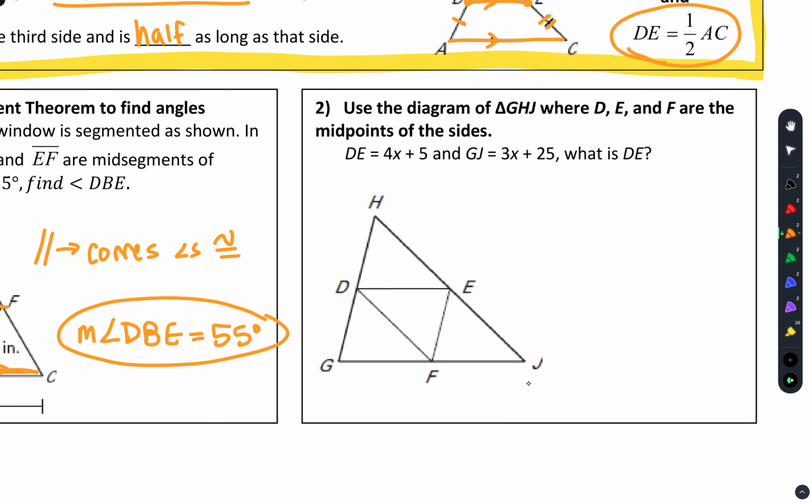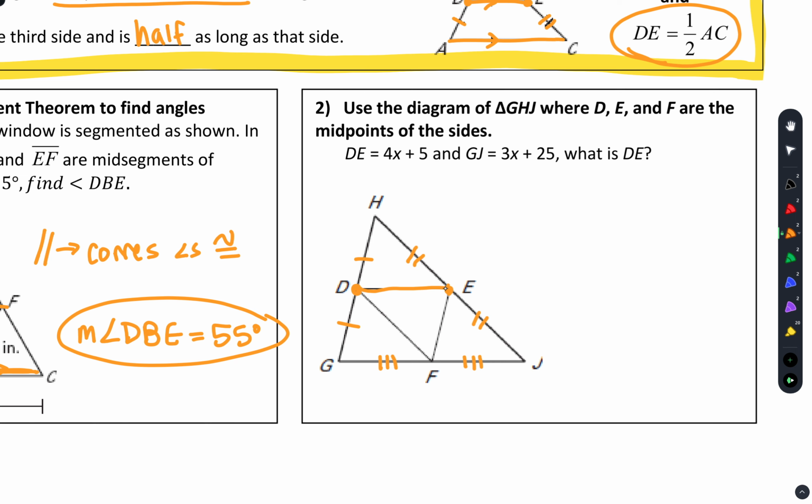Okay, let's do the same thing over here. We're going to, again, use my diagram where D, E, and F are the midpoints of the sides. So if I'm told that a point is the midpoint, I'm going to go ahead and mark all of that information up. That means if I connect my midpoints, I get a mid-segment.